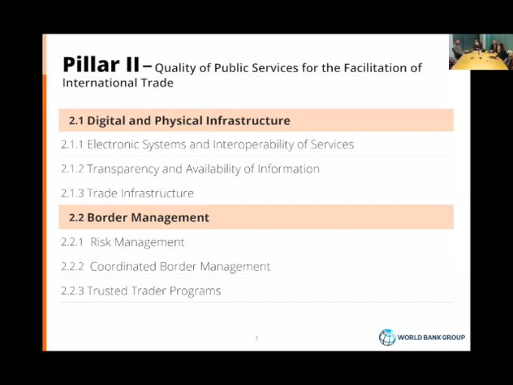These trade facilitation measures, as many of us know, enhance the transparency, accountability, and efficiency of clearing processes. They reduce compliance and transaction costs for firms and increase their participation in international trade. The second category covers the implementation of trade facilitation measures on risk management, coordinated border management, and trusted trader programs.